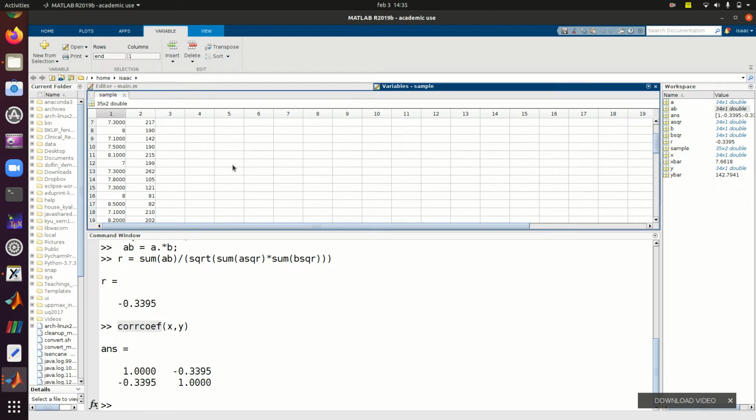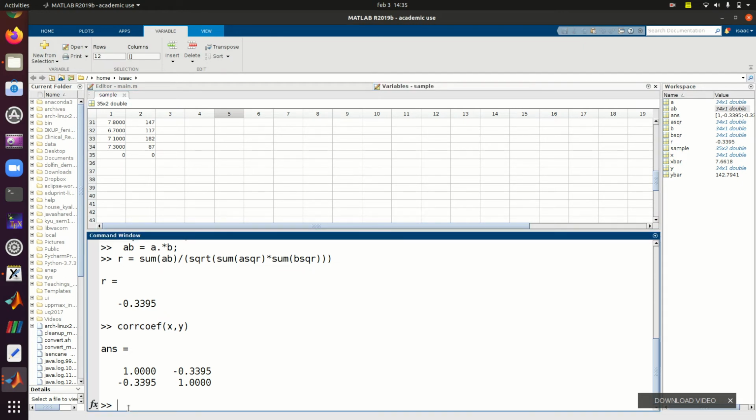But if you import some of these values, you may find that some values are not numerical, and then MATLAB may give you some issues if you have anything in your matrix, or if it was a table, which is not numerical.